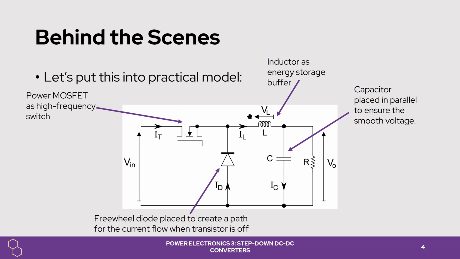The inductor next to the MOSFET is used as the energy storage buffer. The freewheel diode here is used to direct the current flow when the MOSFET is off, and the capacitor is placed in parallel, as you can see here, to ensure a smooth voltage, which is VO, mentioned in the previous slide.